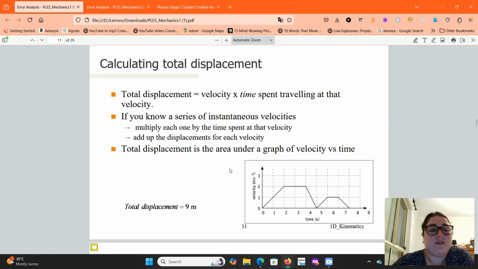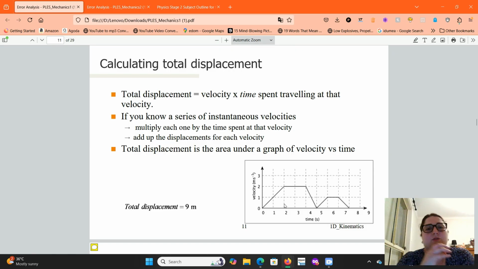To calculate displacement, total displacement is velocity multiplied by time spent traveling at that velocity. If you know a series of instantaneous velocities, multiply each one by the time spent at that velocity to get the displacement for each velocity. Total displacement is the area under the graph of velocity versus time. So you have something like this, which looks like a plane, but you can break it down: a triangle, a square, another triangle, triangle, square, triangle.